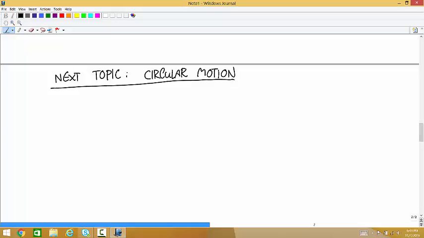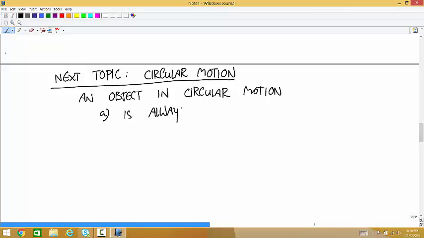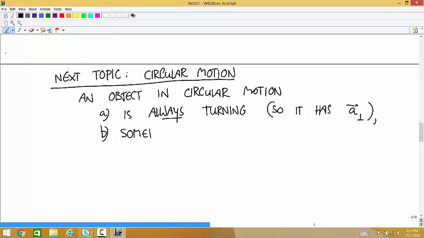An object in circular motion is always turning, so it has a part of the acceleration that's perpendicular to the velocity. And it's sometimes speeding up or slowing down.